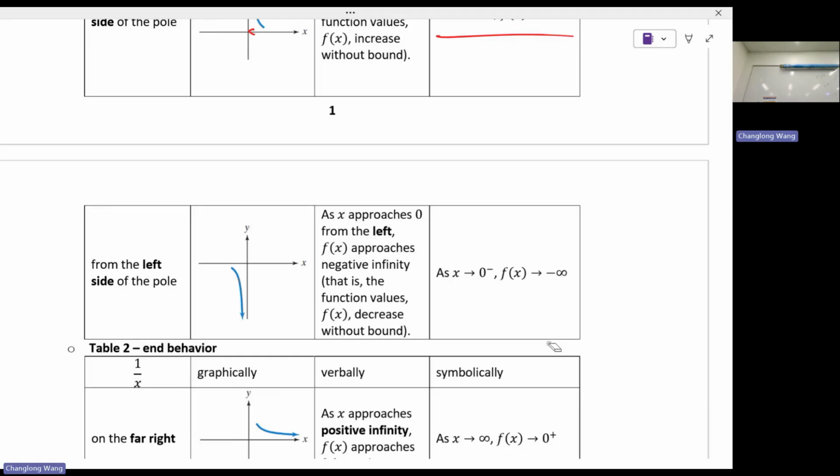As x gets infinitely close to 0 from the left side, the function is going to decrease, or go all the way to negative infinity. And that's how you put it: f of x approaches negative infinity.